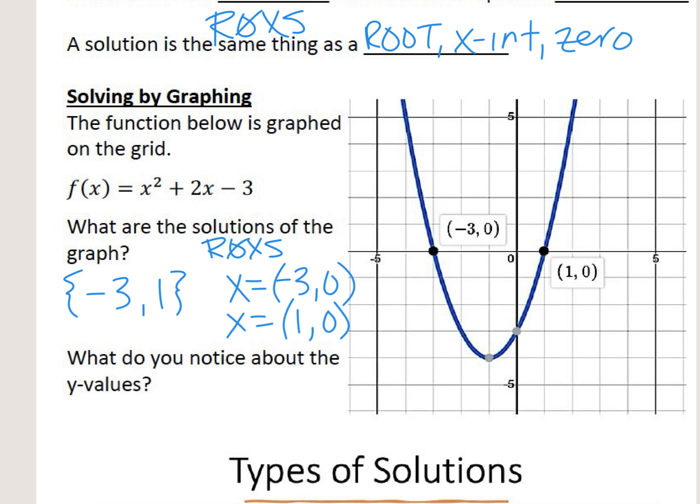What do we notice about the y values when we write our rocks? Our y values are what? Always 0, okay? Y will always equal 0, and that is why when we write our quadratic equations, right, we need it to be equal to 0. We need all the numbers on the same side because we're saying y is 0, so we're finding those roots.